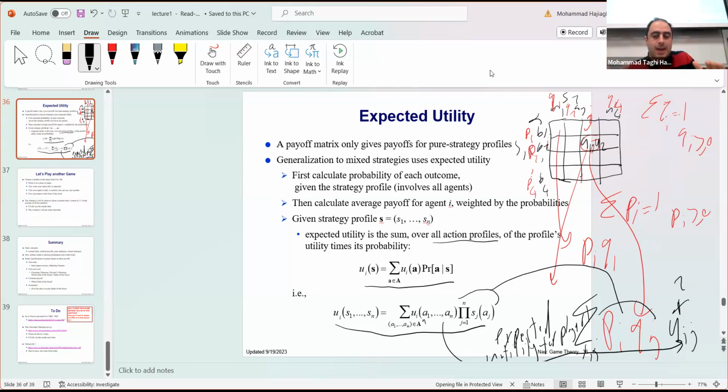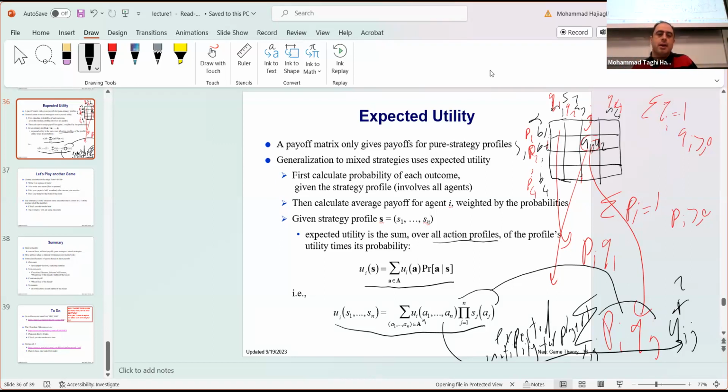Either way, when we have the probabilities and this matrix, then we can compute the expected utility. That's a very important one because we work with it quite a lot, and we talk a lot about it in this game. Whenever it's a mixed strategy, we are talking about it.